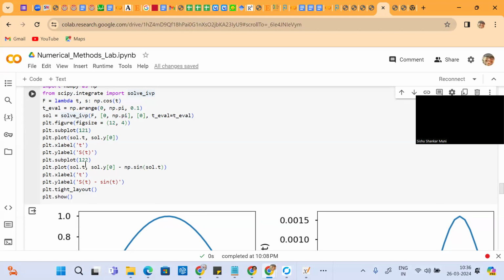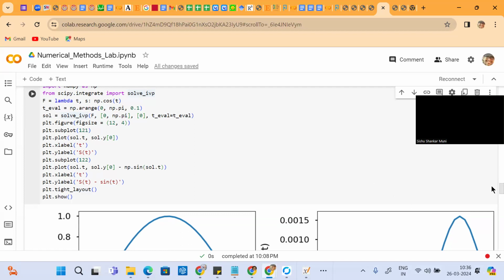Sol.y[0] is the numerical solution, but np.sin of that time is the analytical solution. We already know that the solution is sine, and we are comparing what's the error of this solve_ivp function. Is it doing fine, or is it showing a lot of errors? You can do approximate minus analytical or analytical minus approximate, up to you.